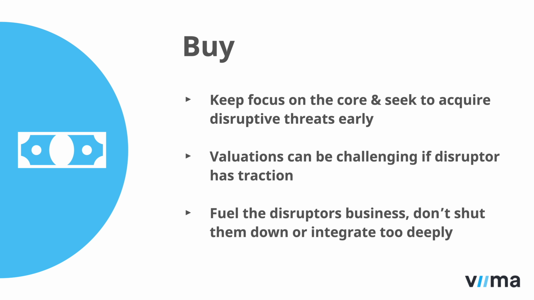However, even if you do identify the right disruptor early on and don't have to break the bank in doing so, you still need to manage the acquisition and the following integration the right way. The problem is that the traditional M&A playbook that your company is used to running and that typically focuses on deep integration, synergies, and economies of scale just won't work here. The reasons are the same as we've already discussed in the build part.